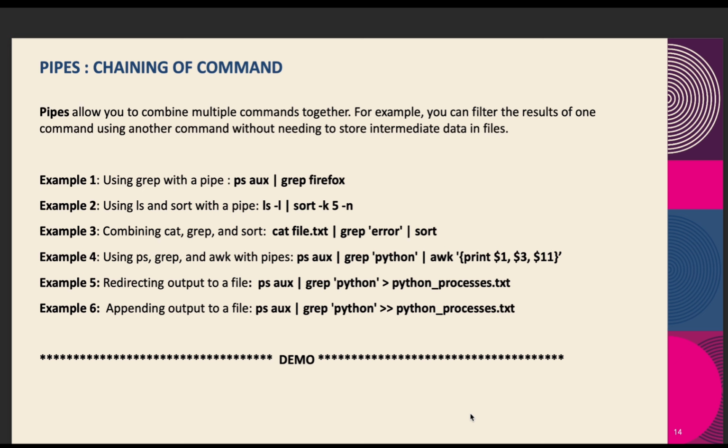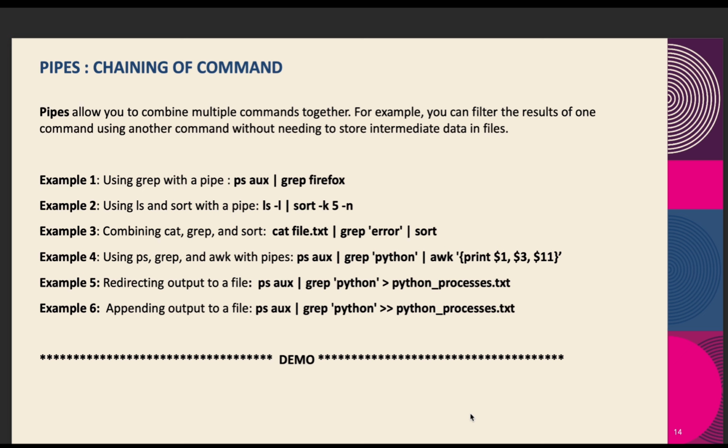The next two examples are related to redirecting output with pipes. You can combine pipes with other redirection operators to manipulate where the output goes. For example, you can redirect the final output to a file. So the fifth example is redirecting output to a file. ps aux will list all the running processes, and grep python means it will filter the processes related to Python.